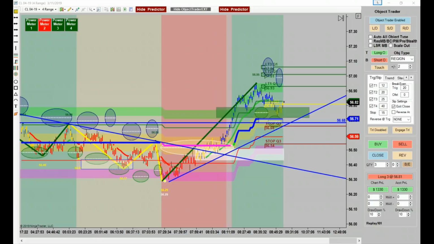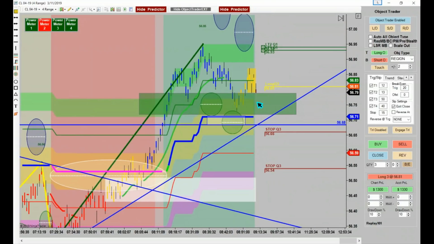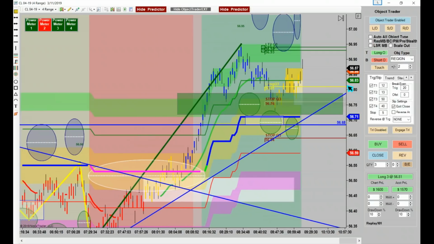And there's your touch plus 2. Put your runner out of the way. Bring your stop in as soon as you see lightning. There's lightning right there. See how it's trying to form lightning? Bring your stop just under there, and there's your lightning.